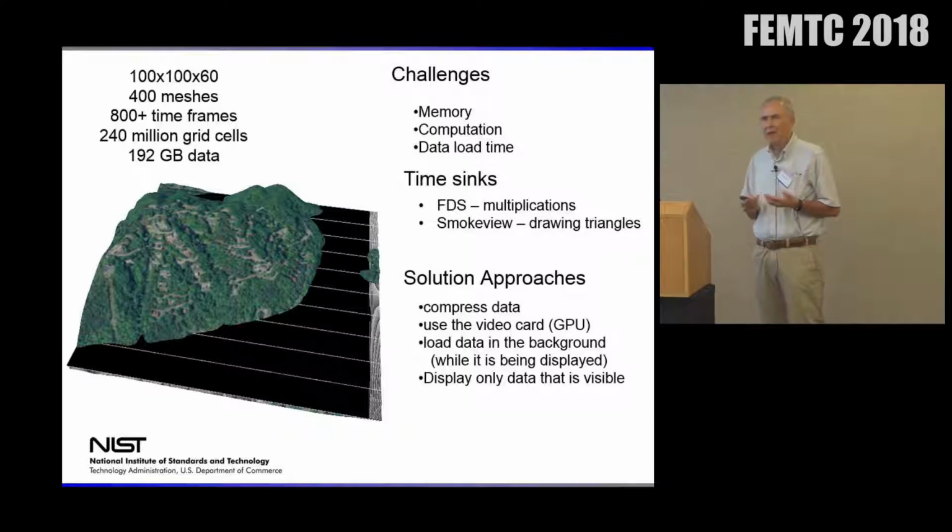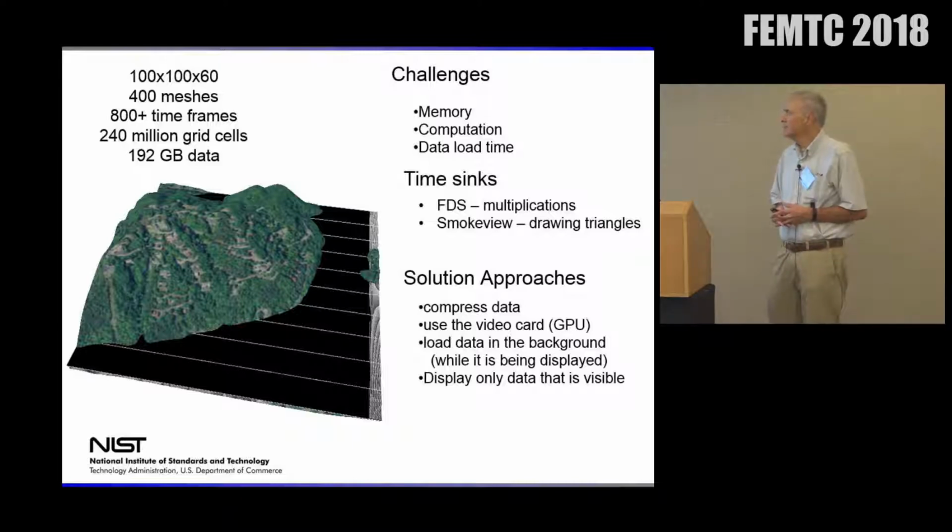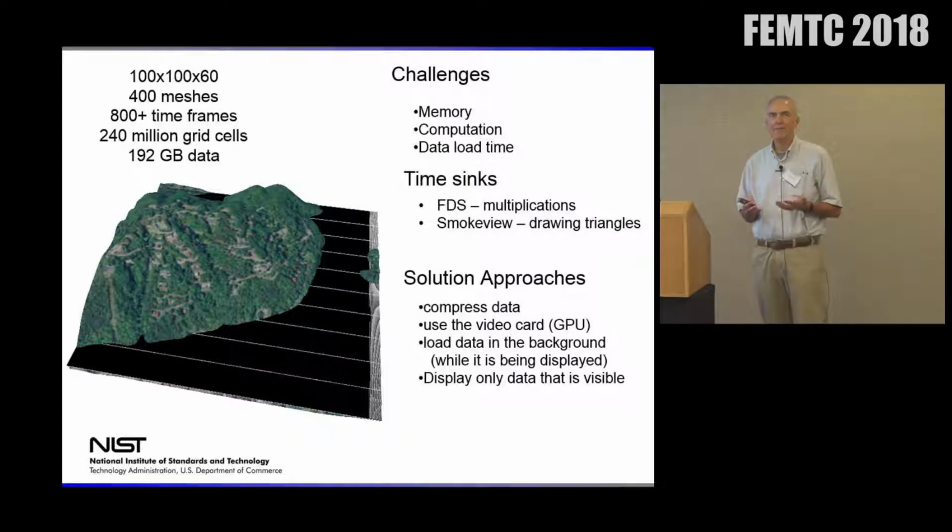Now, in a typical scientific computer program like FDS, a rough rule of thumb, if you want to measure the amount of work that it takes to do something, is the number of multiplies that you're doing. So if you want to speed up a calculation, you want to figure out how you can reduce the number of multiplies.